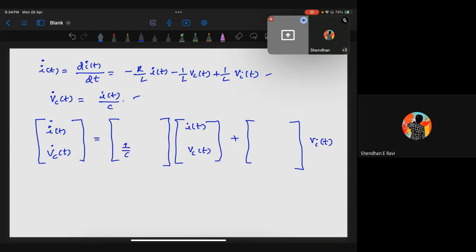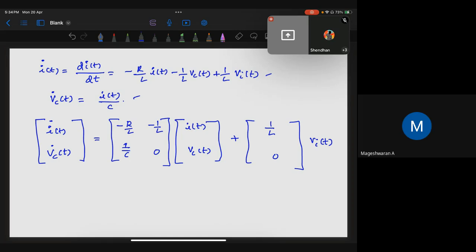So I write it like this. I'll keep 0 here, 0. Can you check it now? Am I correct? Second equation done. So look at the first equation. I'll write it like this: minus r by L, minus 1 by L, plus 1 by L. Now can you check it? Are both the equations satisfied? Yes or no?